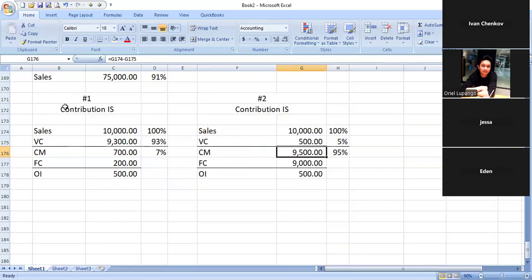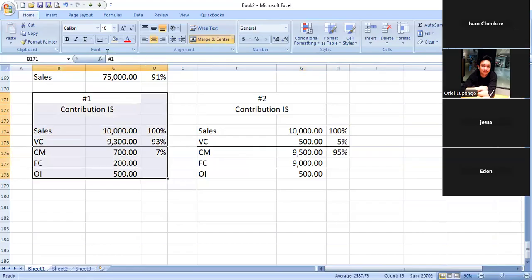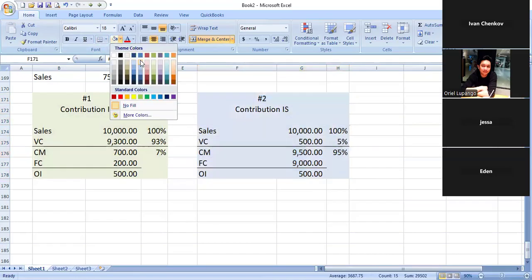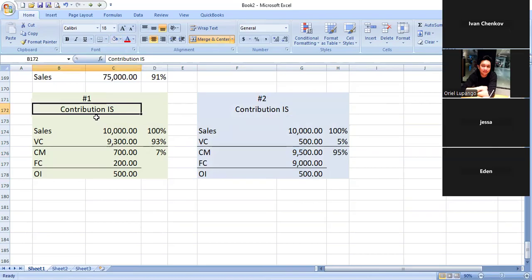Now the question is, can we see those companies in reality? Well, we can. Which one would that be? The first one would be a superstore. They sell many items, but the contribution margin per item is very small. They don't rely on selling one additional watermelon or one additional banana.